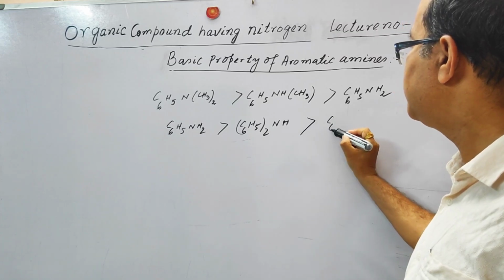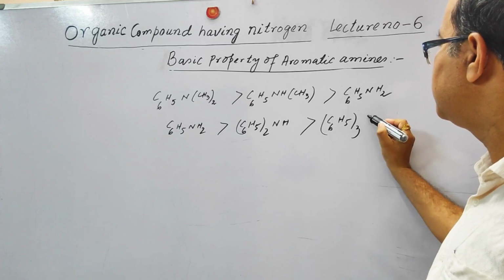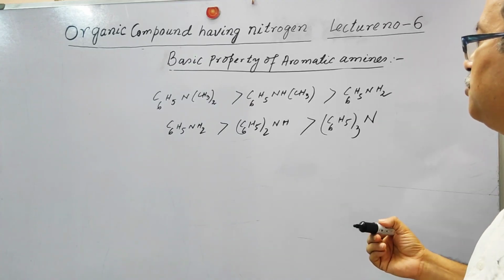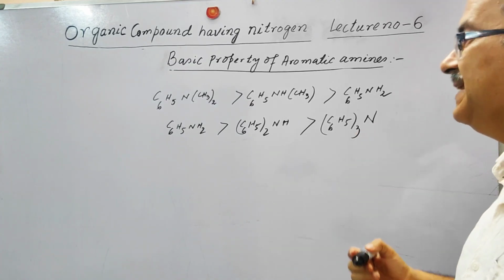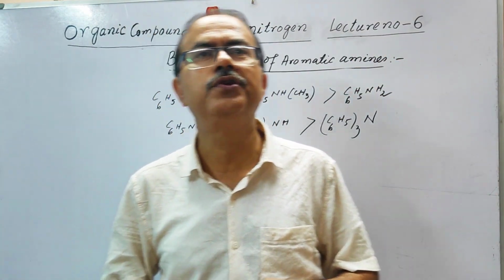And when we are replacing all the hydrogen atoms with this C6H5 electron withdrawing group, it will have the least basic strength. Okay, so that is all for today's lecture.